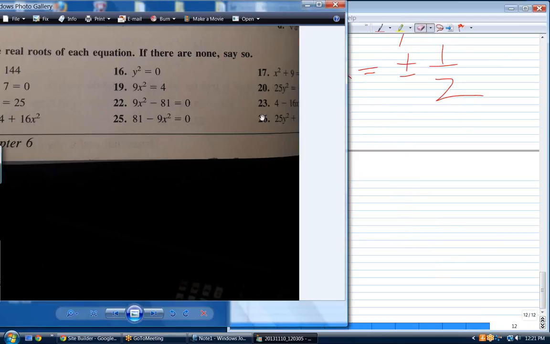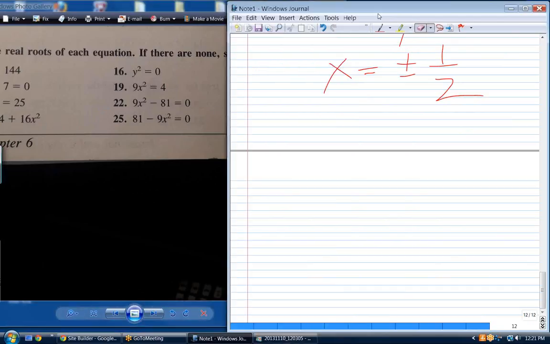Where do we leave off? 23. 24. What is... Oh, no, we already did 23. 24. What does 24 say? I can't quite read it. 0 equals 4 plus 16x squared. Okay. Next line.